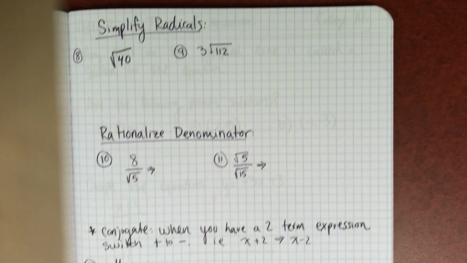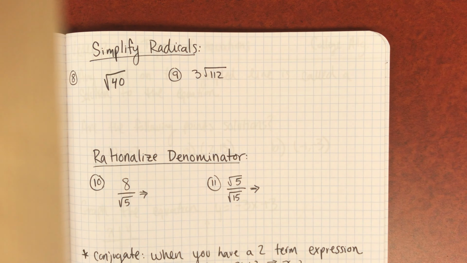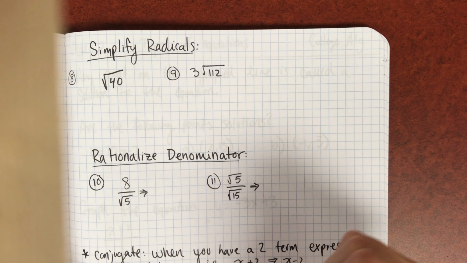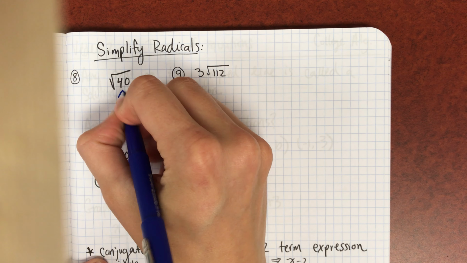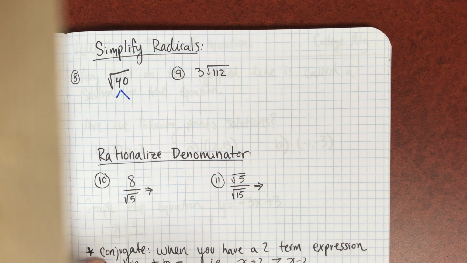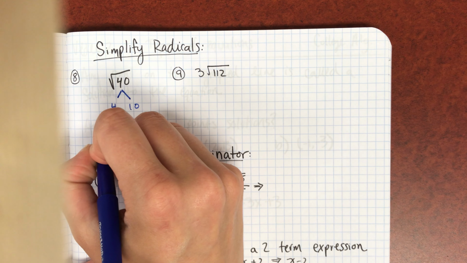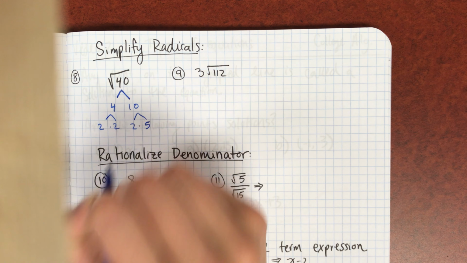Okay, moving on, when we've got radicals, we need to go ahead and do some prime factorization, okay? So let's find out all the prime numbers for 40. That would be 4 and 10. 4 would become 2 and 2. This would become 2 and 5.